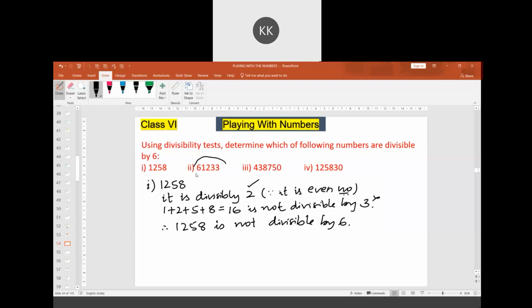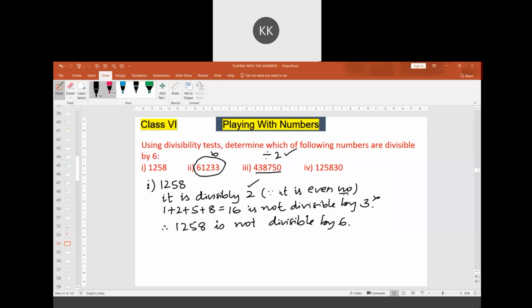In this second one, it is not divisible by 2. Therefore, this number is not divisible by 6. If you consider this, yes, it is divisible by 2. Is this number divisible by 3? That is what we need to check.